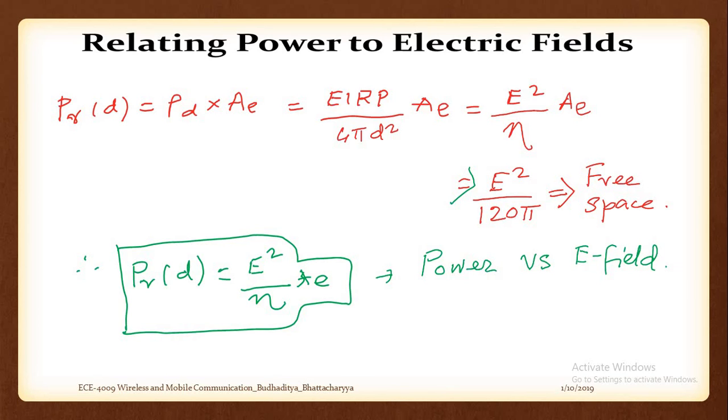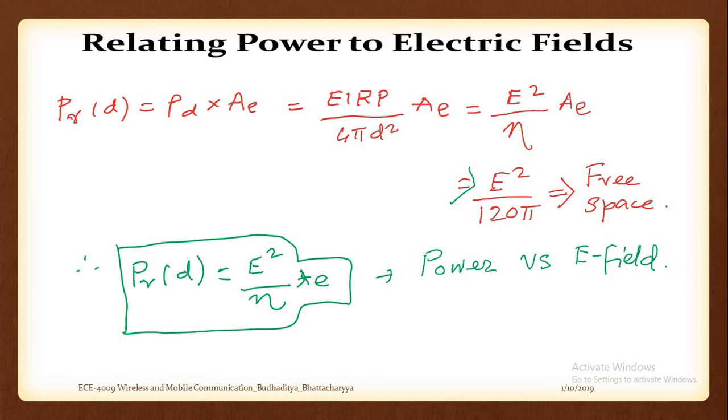No, sir. Don't remember at all. 120 pi is the intrinsic impedance of free space. Okay? So please remember E square by 120 pi. You might ask, sir, why are we doing it? We are only doing it because we want to relate power with the electric field. Nothing more than that. It won't be necessary after this. It's just for this part we need.